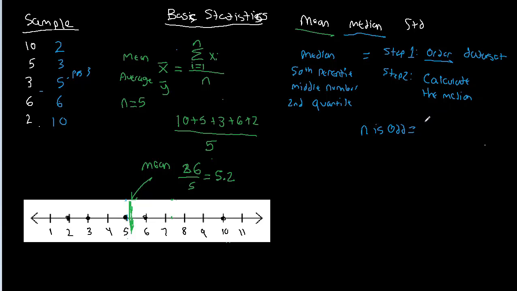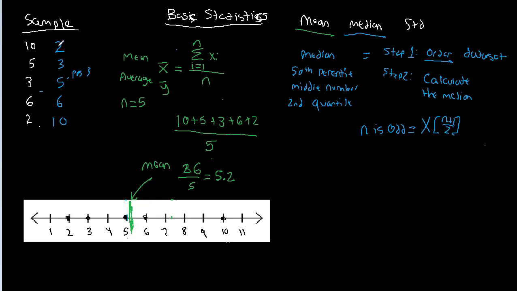If n is odd, we're going to index the data set. So in this case, this big X here represents the data set. We're going to index the data set at position, these brackets mean index position, (n + 1) / 2. Because n is odd and we want to go halfway, we add 1 to make it even so that we can divide by 2 to get an integer, and then we'll get the position that we want.